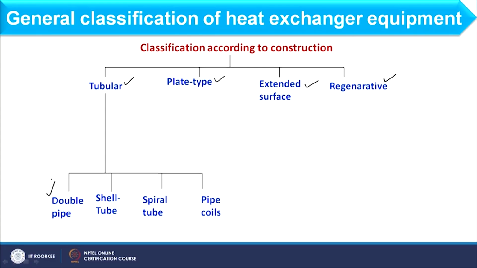Next, we have the shell and tube heat exchanger, which is also very common in chemical industries, and spiral tube type and pipe coils. As far as the double pipe heat exchanger is concerned, I think you know the construction already. We have two pipes and one pipe is inside another pipe. That we call the double pipe heat exchanger.